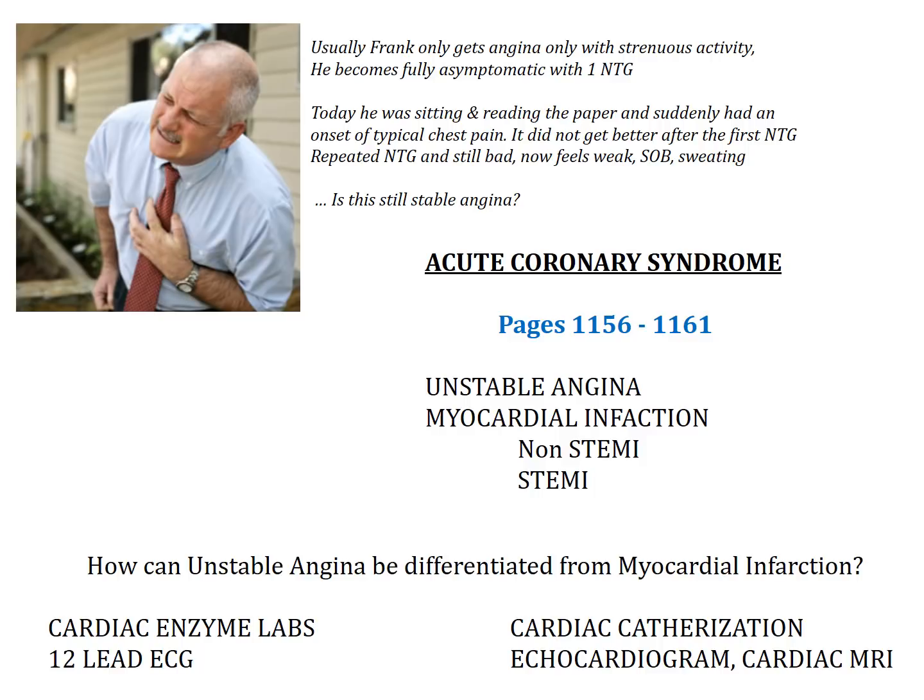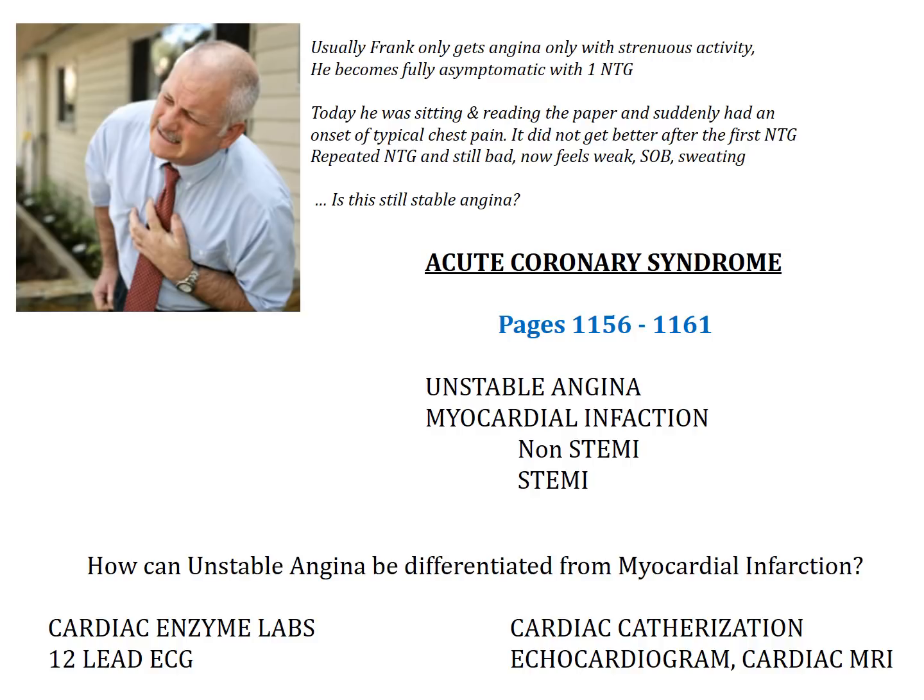Okay, let's think of this nice man here. Let's call him Frank. Frank only gets angina with strenuous activity. He becomes fully asymptomatic with 1 nitroglycerin. So he's already been seen by his internist or family practitioner. He's been referred to a cardiologist, and we know that he's got some chronic stable angina.